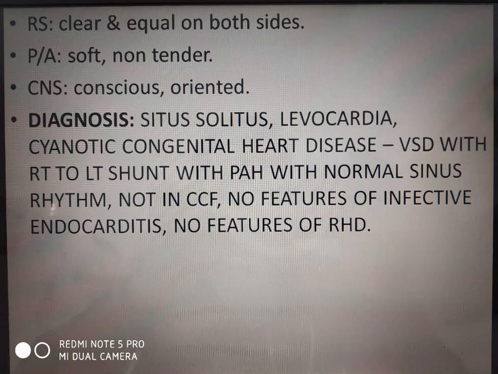The continuous murmur is loudest at the time of the occurrence of the P2. The A2 component can be clearly audible in the aortic area, but in the pulmonary area, the S2 may not be audible because it is subdued by the loud continuous murmur which peaks at the timing of the S2.